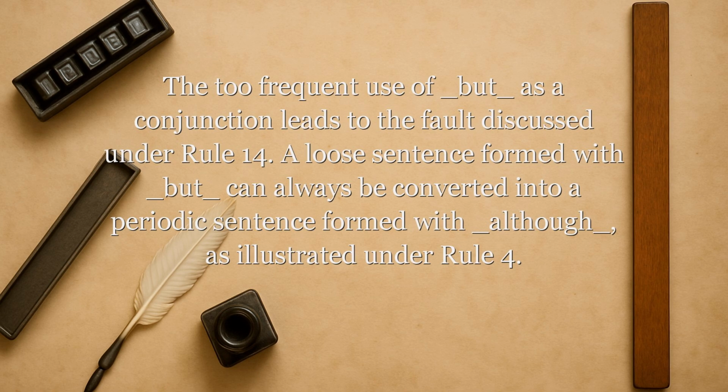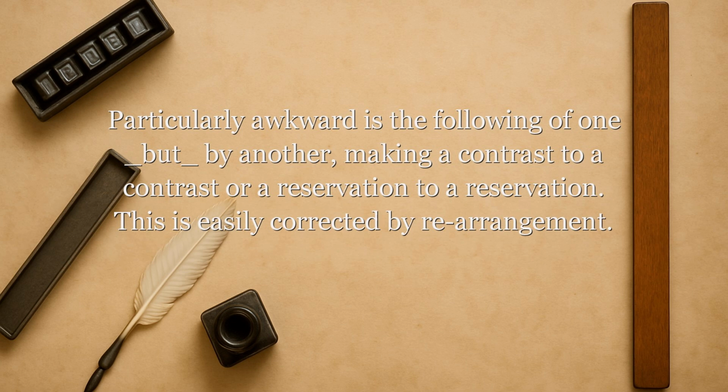The too frequent use of but as a conjunction leads to the fault discussed under Rule 14. A loose sentence formed with but can always be converted into a periodic sentence formed with although, as illustrated under Rule 4. Particularly awkward is the following of one but by another, making a contrast to a contrast or a reservation to a reservation.